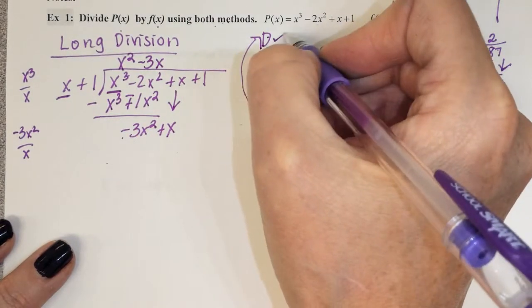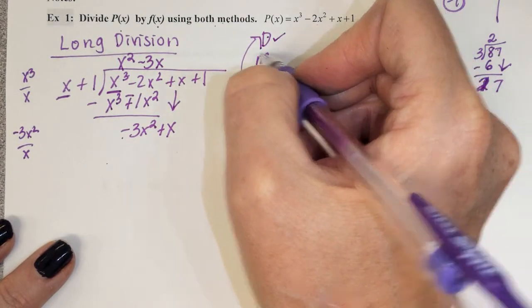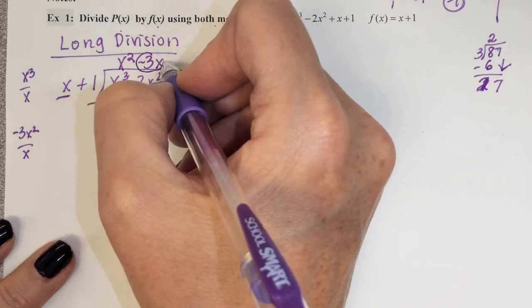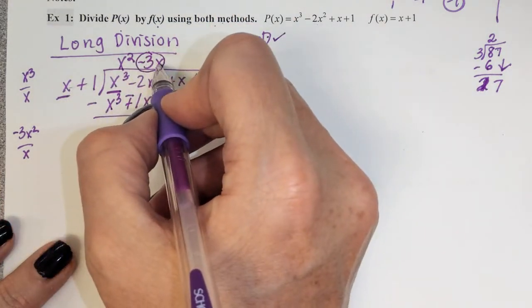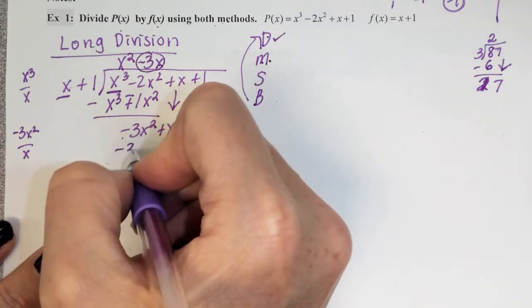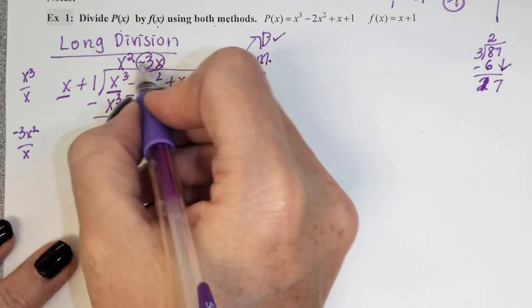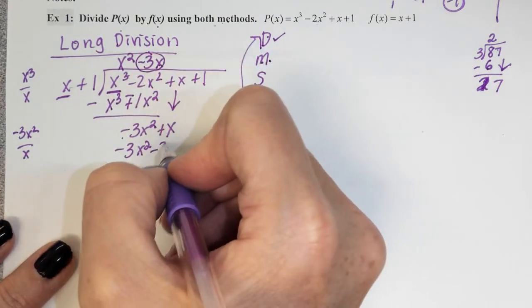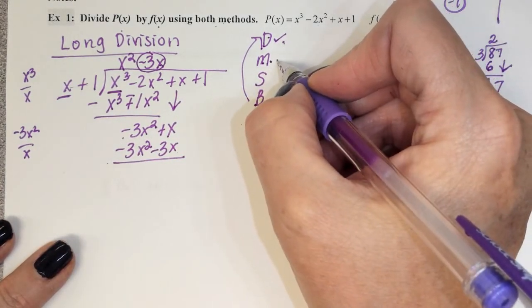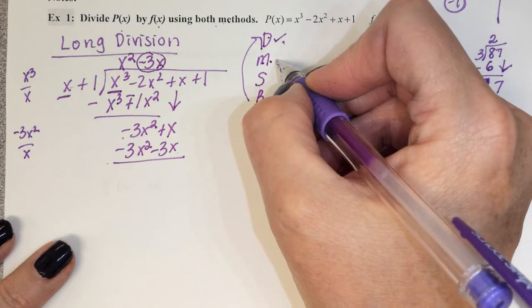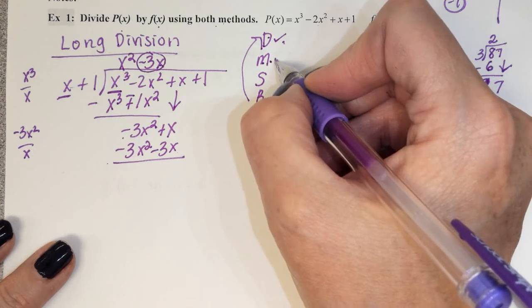So now I have to multiply. I'm going to multiply what I just put here by this whole thing. So I have to do negative 3x times x. I have to do negative 3x times 1. What do we do after we divide? We just did multiply, sorry.